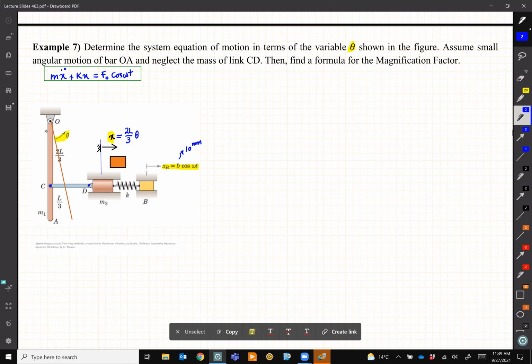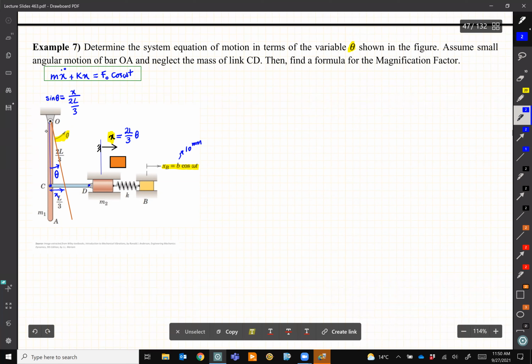Or you can be very meticulous and write down here theta and say that, okay, here I have a triangle. In this triangle, I can write down that sine theta is equal to this distance, which is equivalent to x, right? Because how much C is moving, D is moving, and that's x. Sine theta is equal to x over 2L over 3.